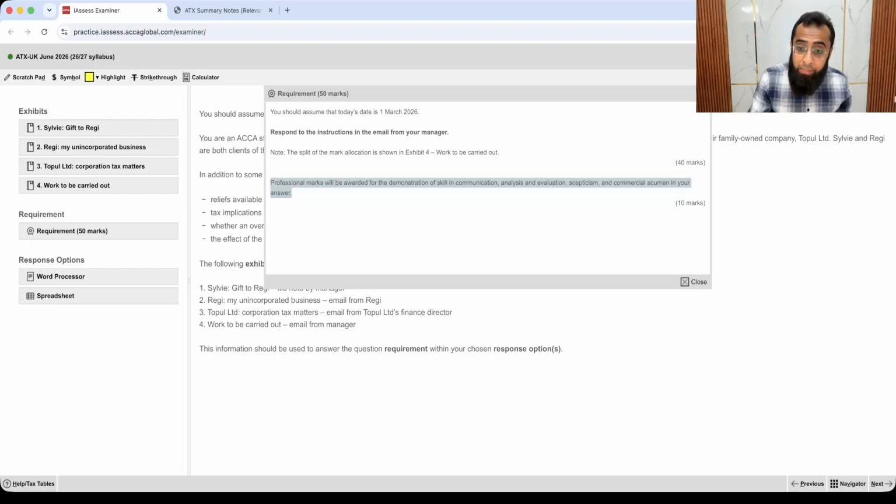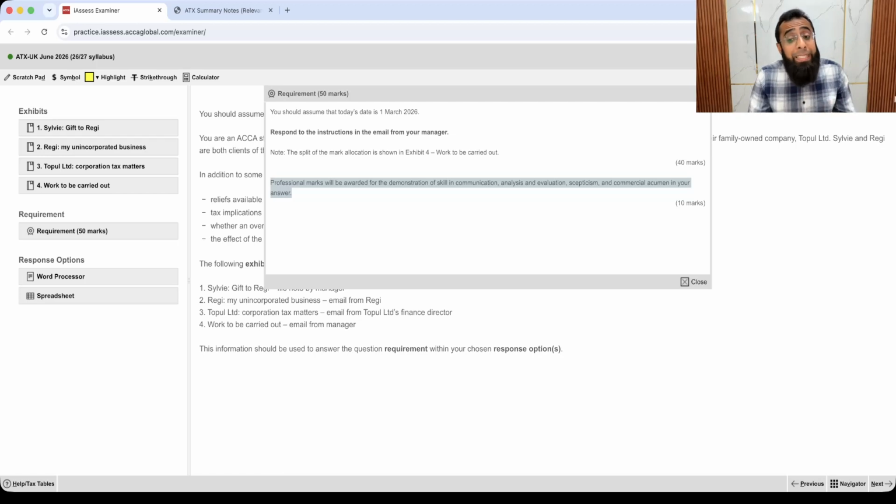What is analysis? Analyzing the tax rules, referring to the tax rules in a better manner in your answer. Evaluation, relating to the scenario, like talking on positive and negative sides, evaluating it in a complete manner. Skepticism, questioning anything, like if any data is missing or if any data is wrong, that indicates your skepticism.